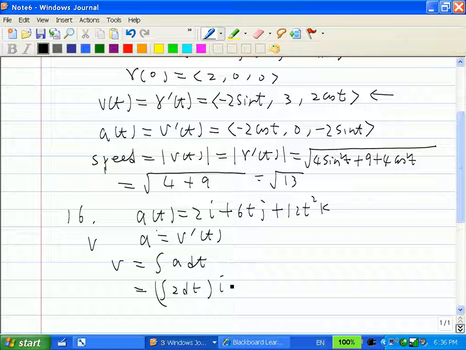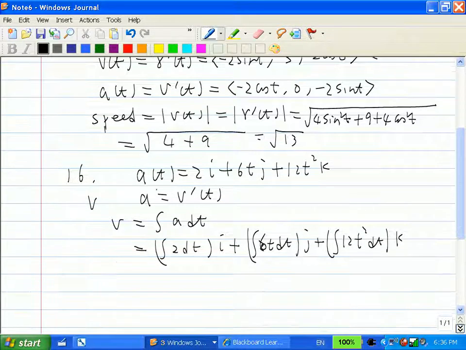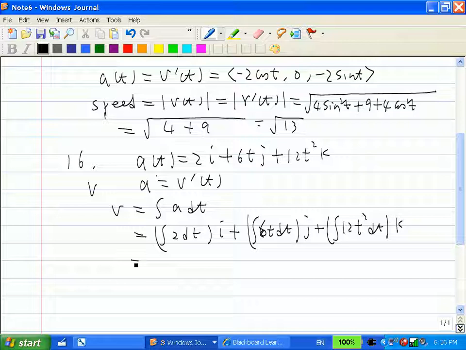Integrating the first one, you get 2t plus c1, i.